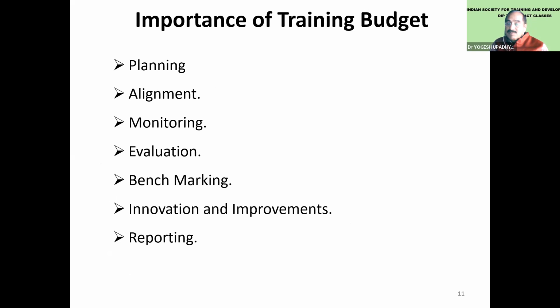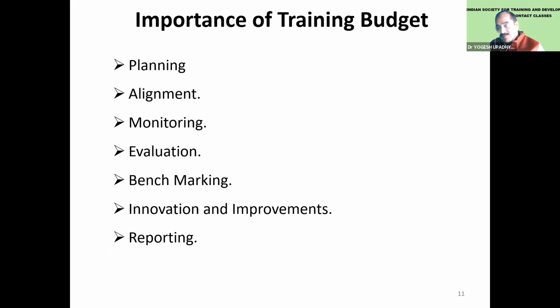Now, the importance of training budget is that planning is possible. If we plan, we will have economy of time, efforts, everything. Alignment to the organizational goal. Okay. Monitoring is possible. Once you have a plan, then you can monitor. Okay, we wanted to conduct 5 programs in this month.